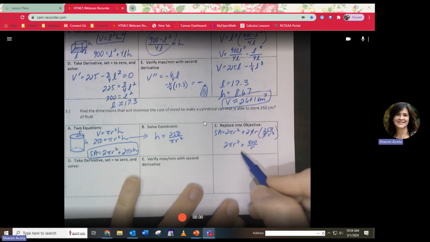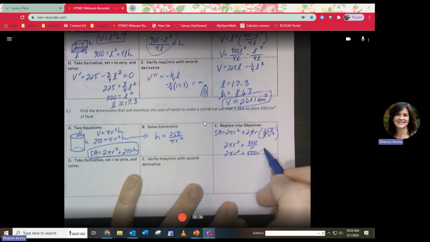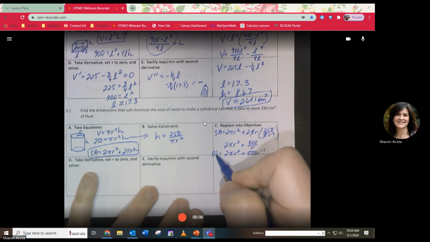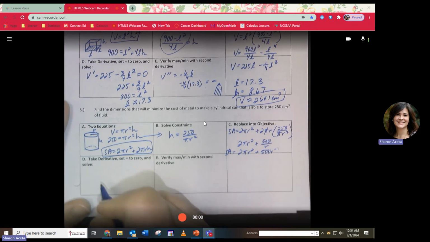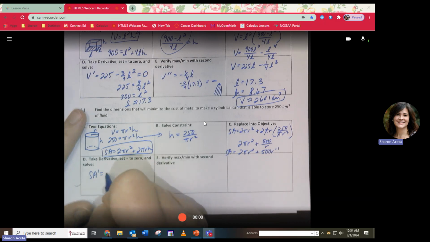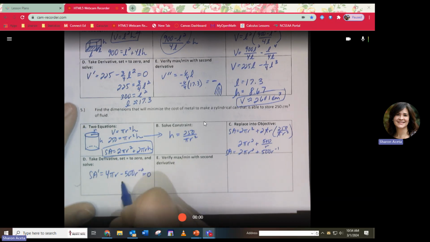And then I will rewrite that as 2 pi r squared plus 500 r to the negative 1, because you got to take a derivative of it. So let's take a derivative. Derivative of the surface area would be 4 pi r minus 500 r to the negative 2. Set it equal to 0 and do some algebra here.